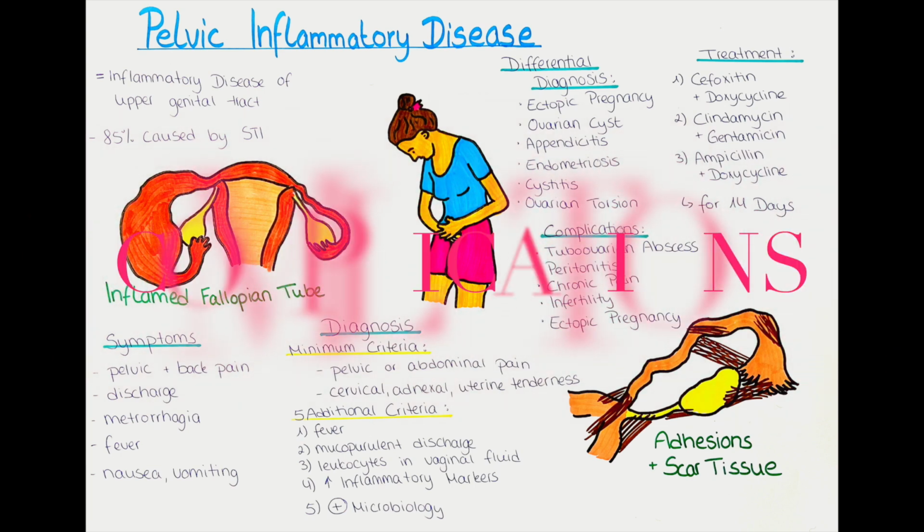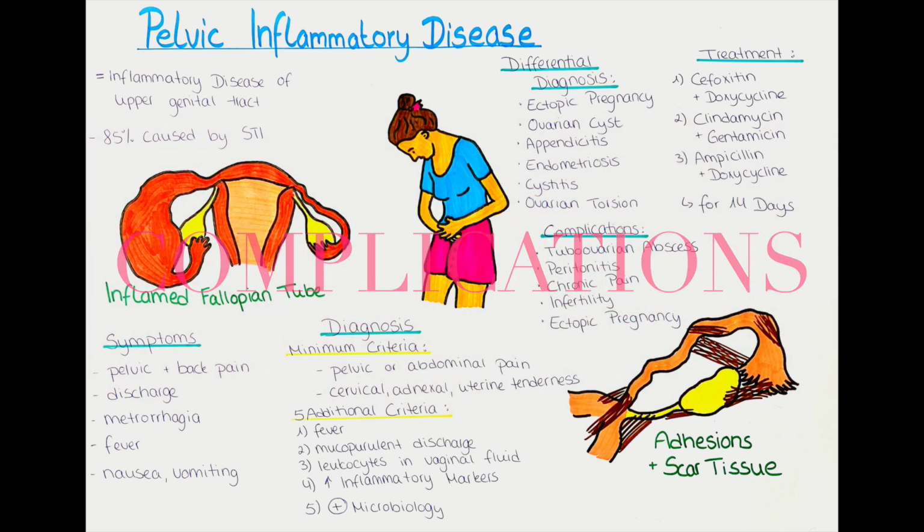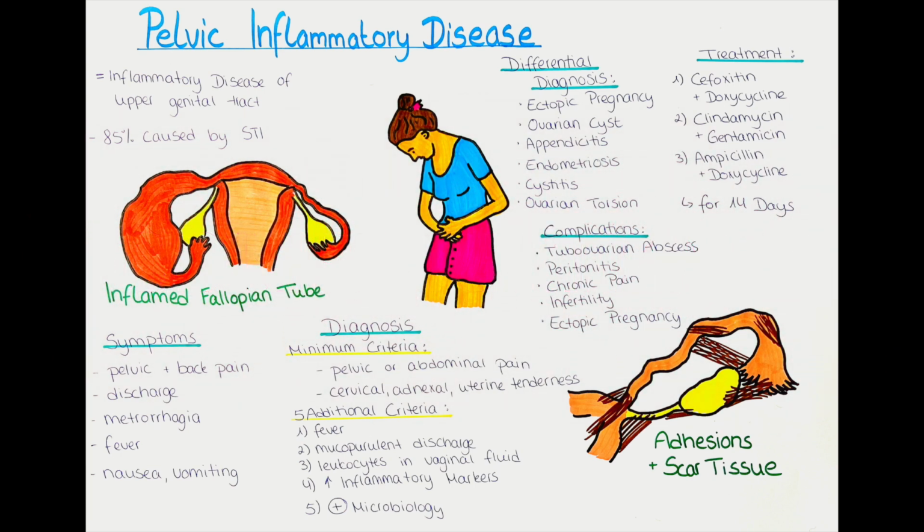What are complications of a long-standing PID? If PID is not treated quickly, or if the patient experiences recurrent PIDs, this can lead to a series of complications. They include a tubo-ovarian abscess, peritonitis, ectopic pregnancy, chronic pelvic pain, and infertility.